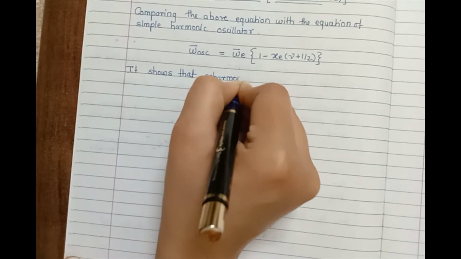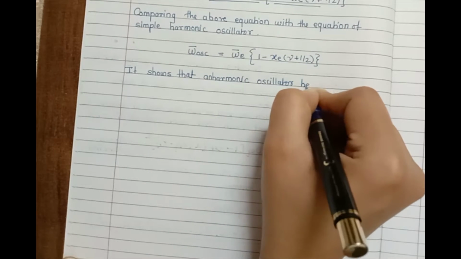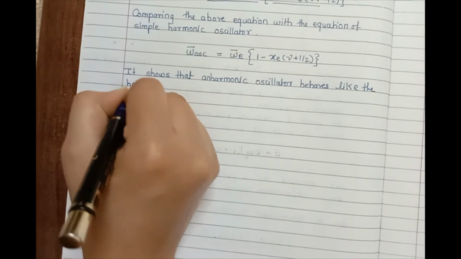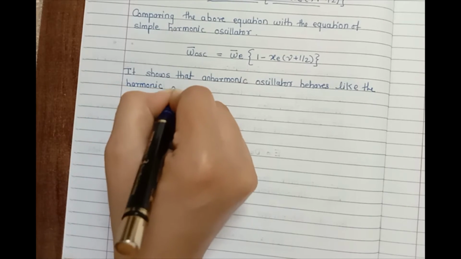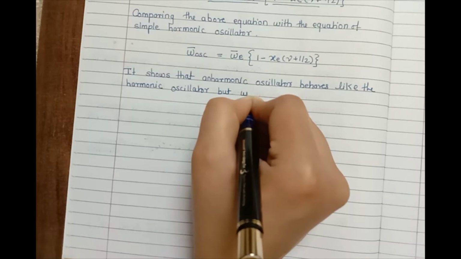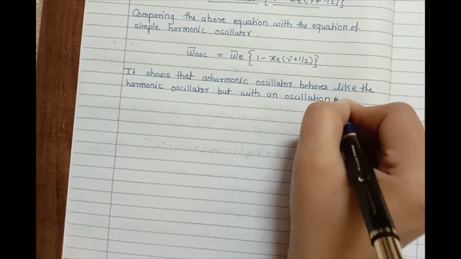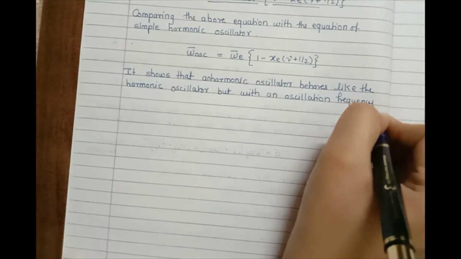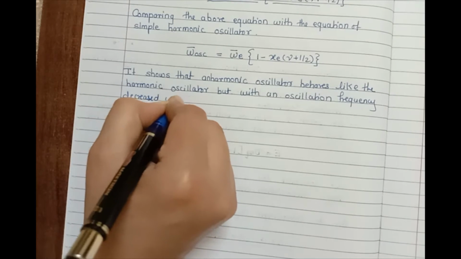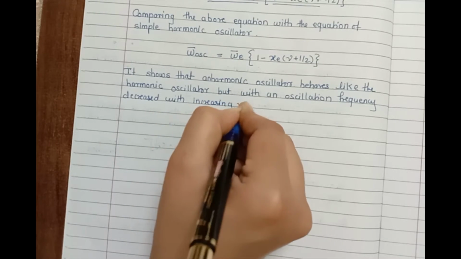So now it shows that the anharmonic oscillator behaves like the harmonic oscillator but with an oscillation frequency decreased with increasing nu.